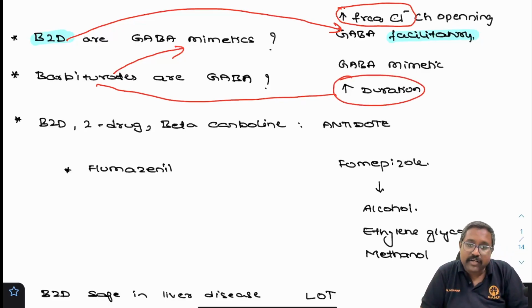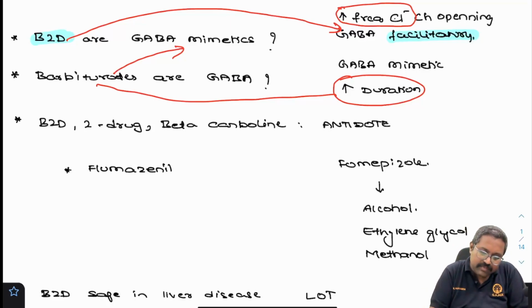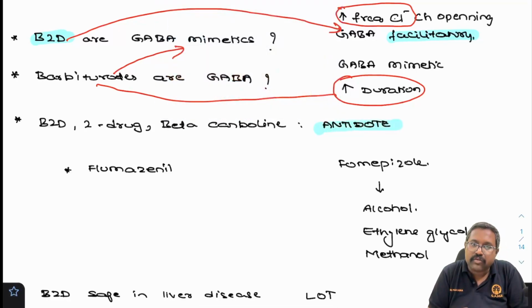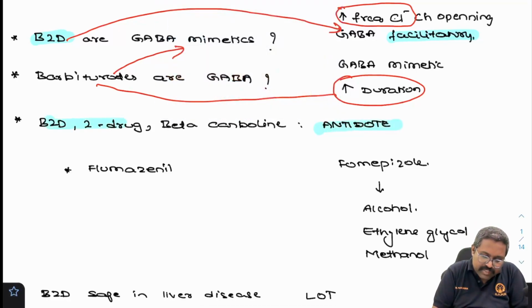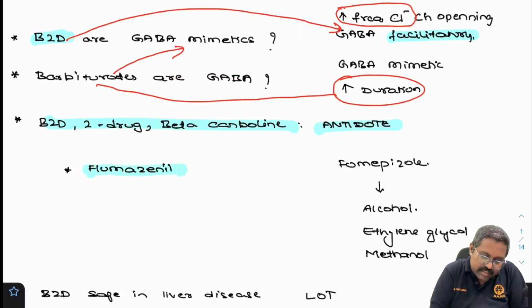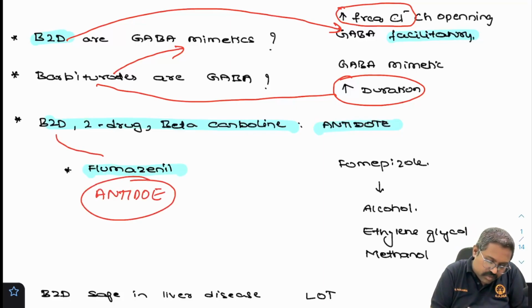So which is the antidote for the benzodiazepines or Z drugs or the beta carbolines? It is your flumazenil. Please remember, flumazenil is the antidote of benzodiazepines.